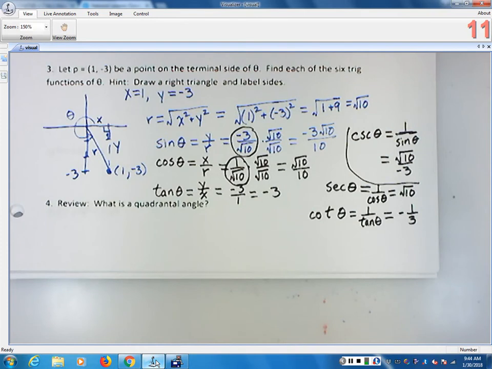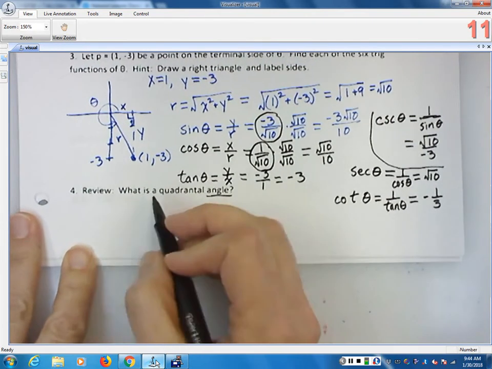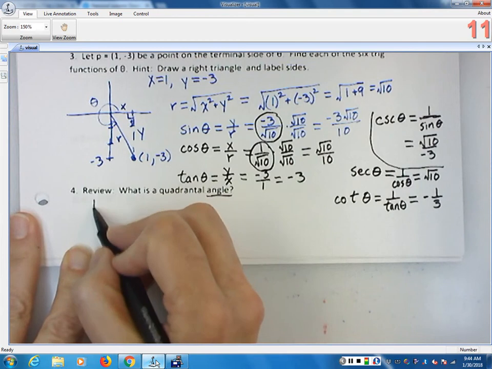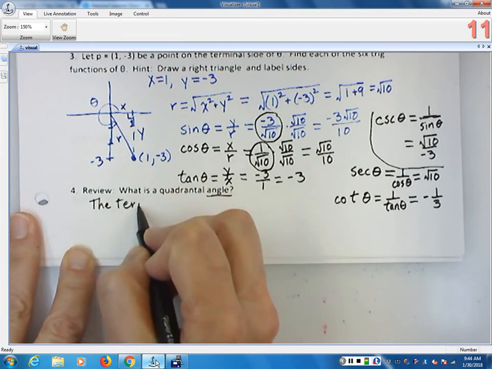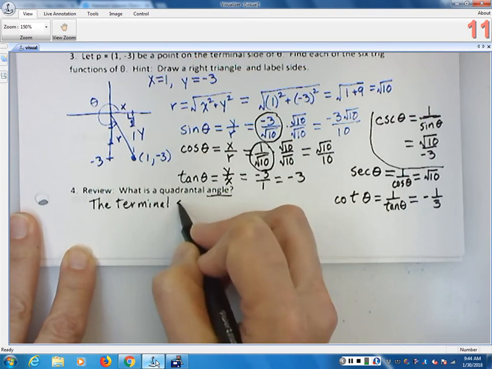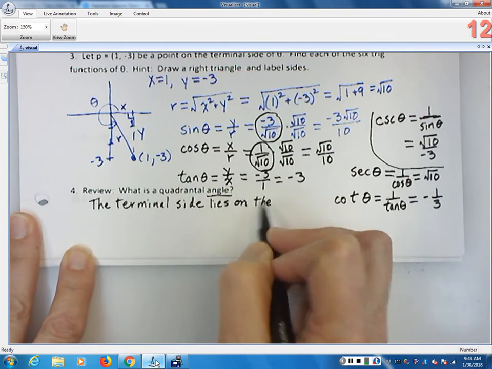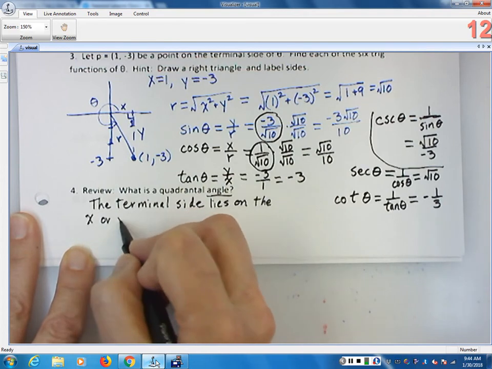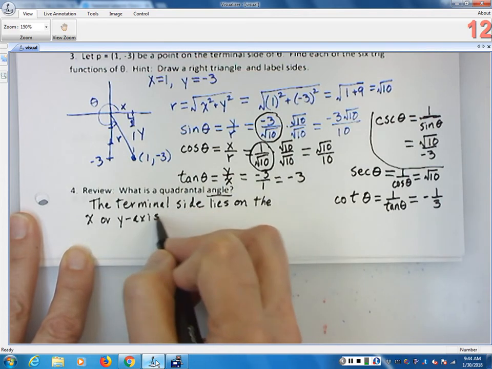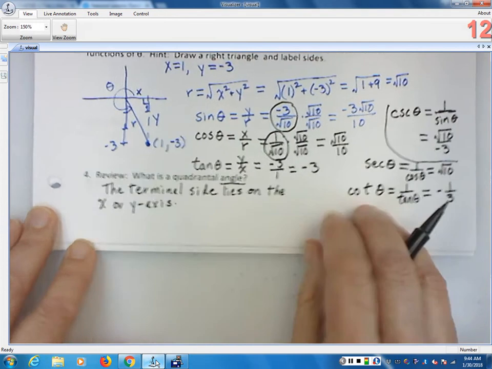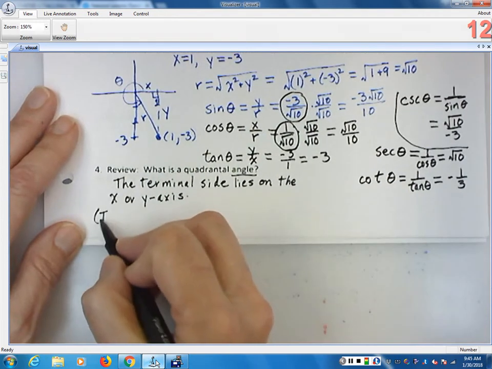Any questions? Okay, review from maybe the first day. What is a quadrantal angle? It's an angle whose terminal side lies on the x or y axis, and it's in standard position. You have to remember standard position.